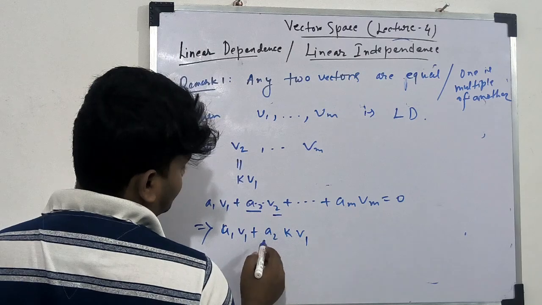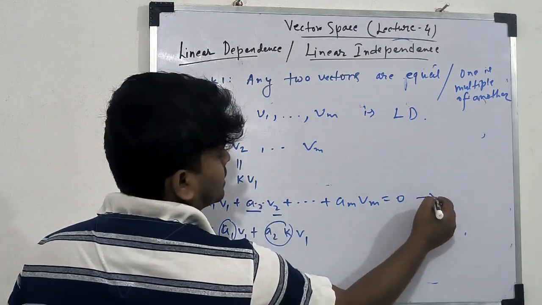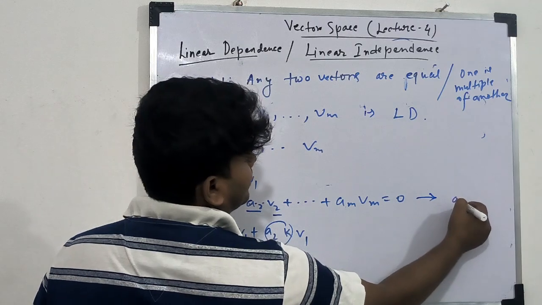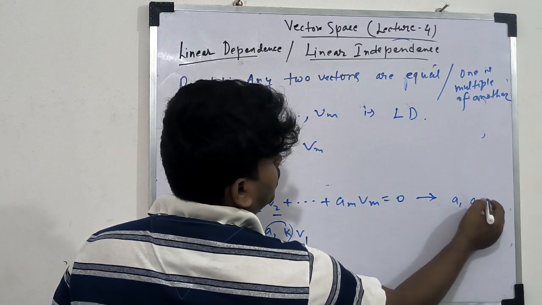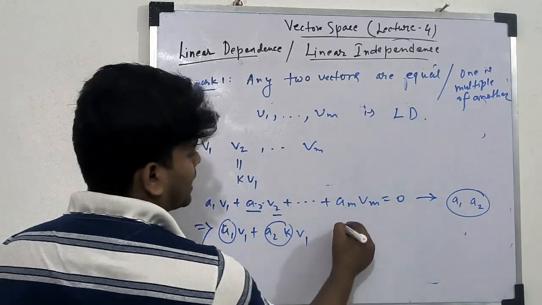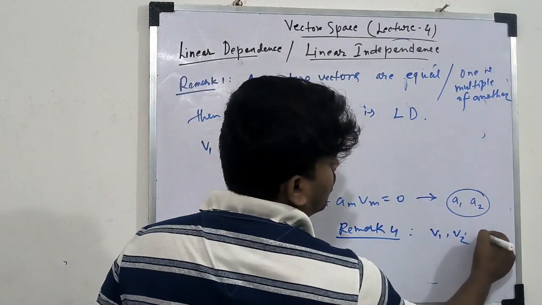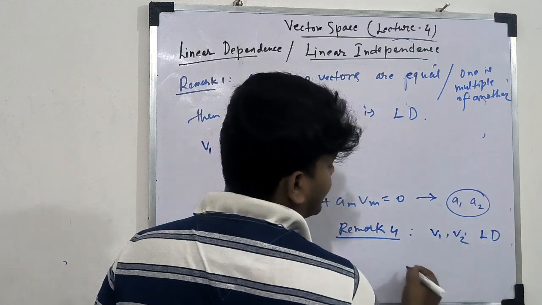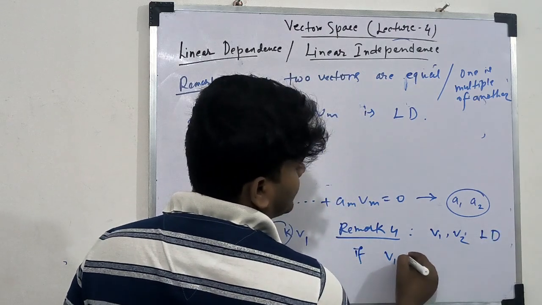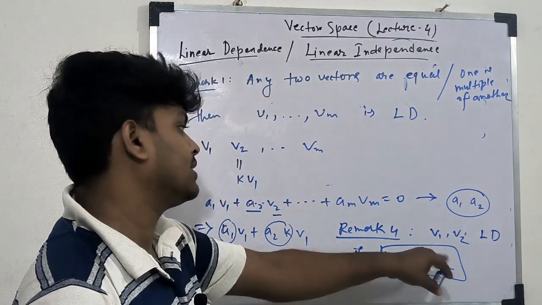So therefore we get non-zero solutions of this system. So from here we get a1 and a2 as non-zero elements. Okay, so a non-zero solution. Remark 4: any two vectors v1 and v2 are called linearly dependent if one is a multiple of the other. Okay, so then we call them linearly dependent.